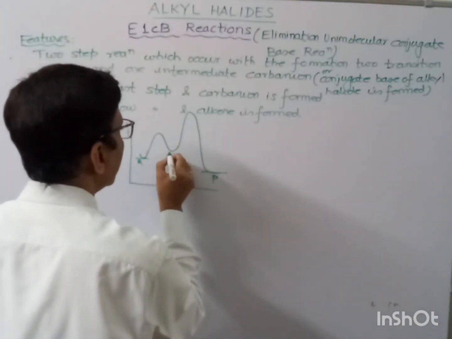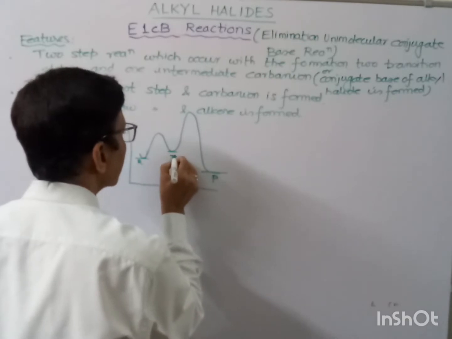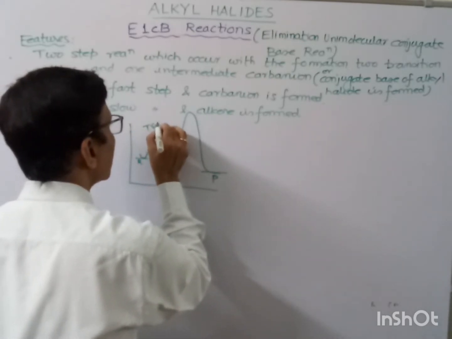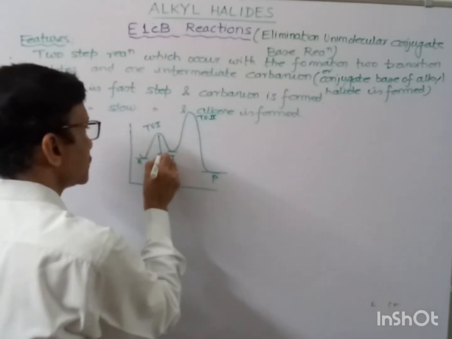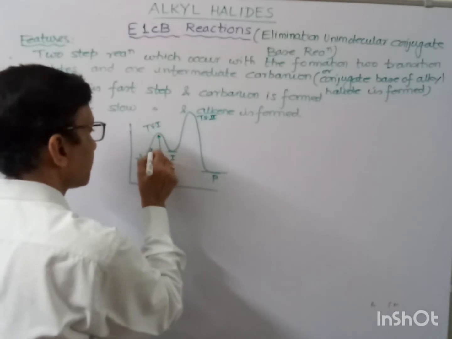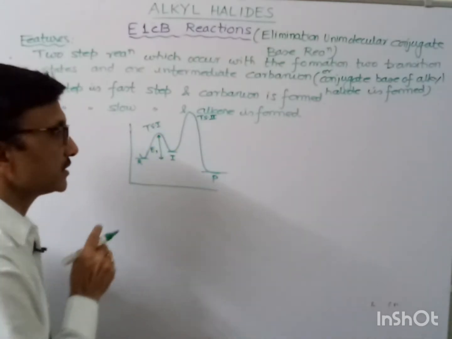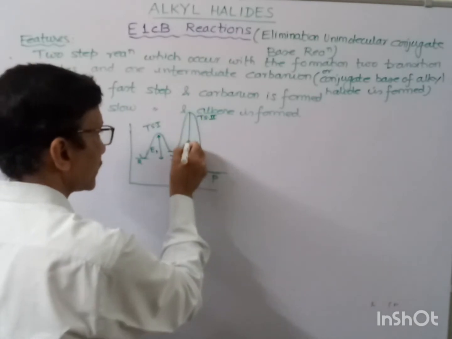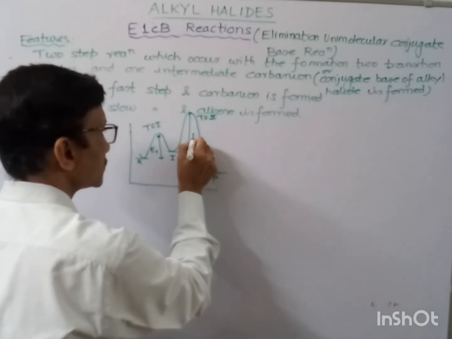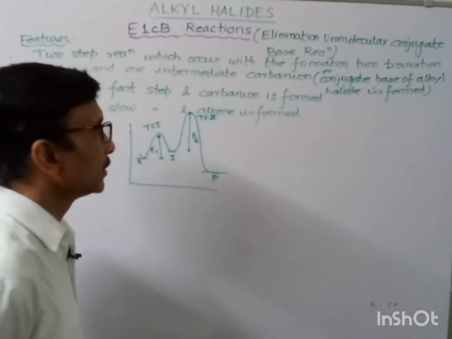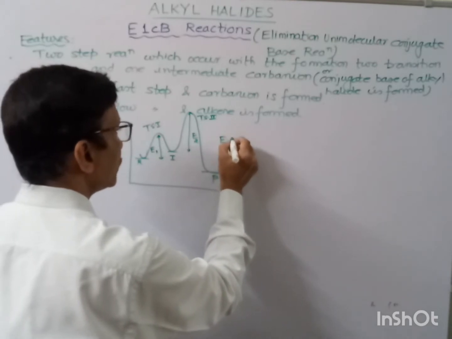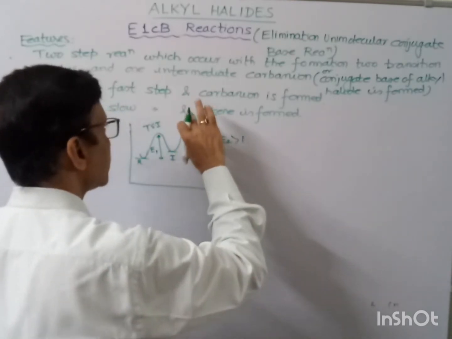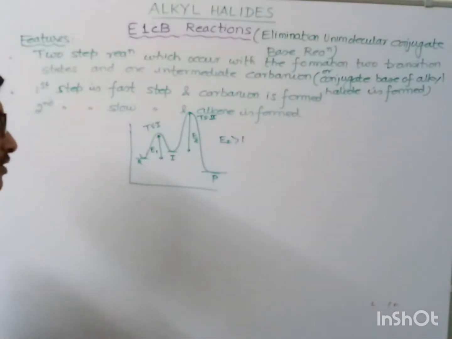Here this is the intermediate, this is transition state 1 and this is transition state 2. This is the activation energy required for the first step, and this is the activation energy required for the second step. No doubt Ea2 is more than Ea1, and that's why this step is the slow step and this step is the fast step.